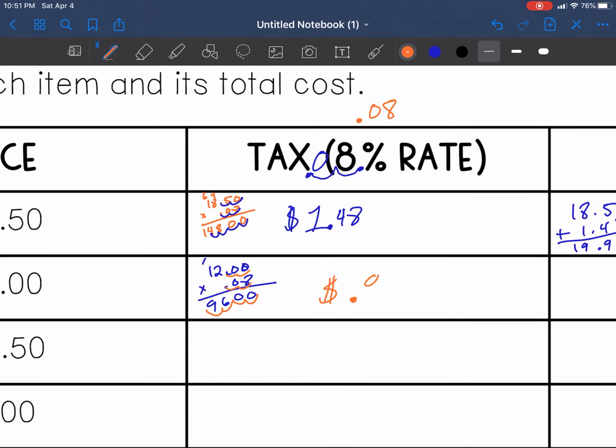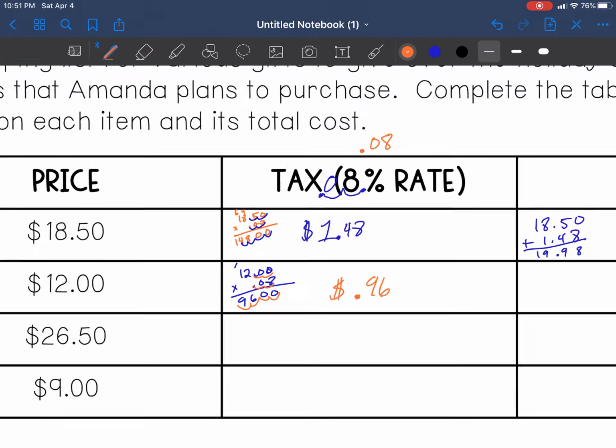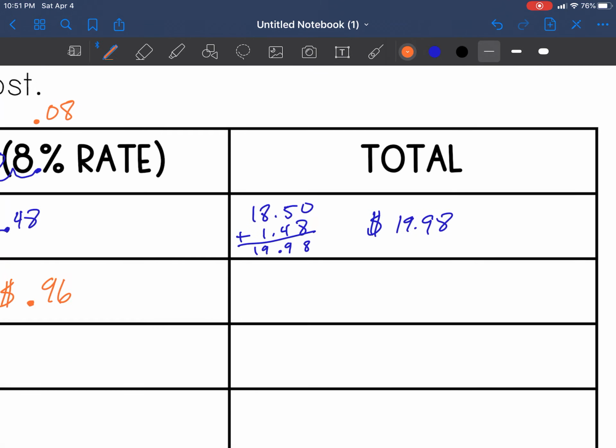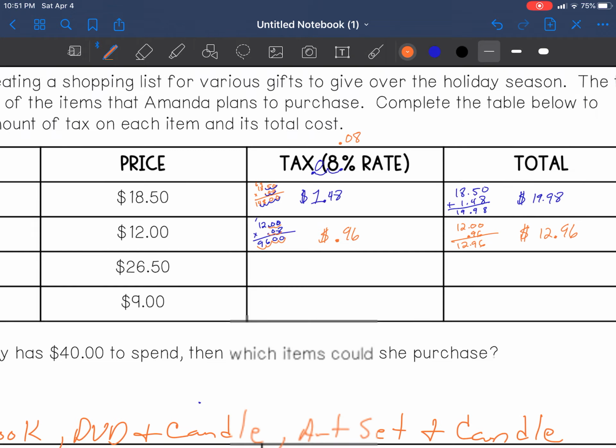Our tax is 96 cents. What do we do with this 96 cents? We're going to add it to $12, which is pretty simple addition. Our total is going to be $12.96.